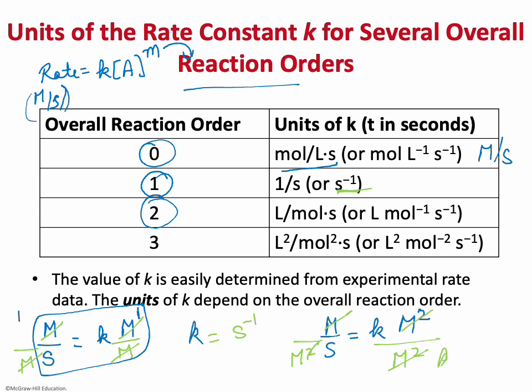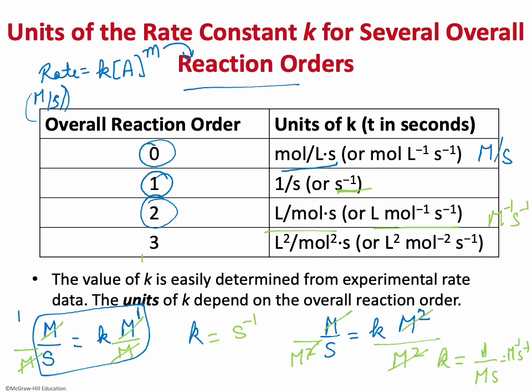So what is K? K is 1 over M second, which is the same as molar inverse second inverse, which is basically this unit that you see. So that's how you solve for unit.